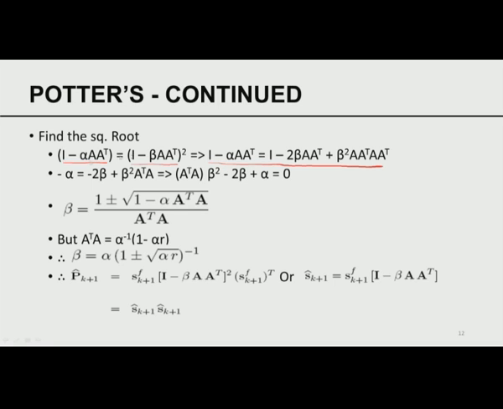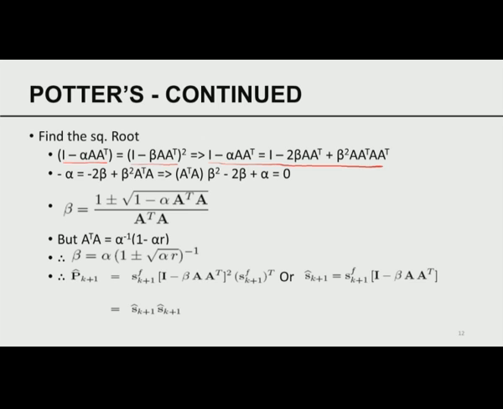So this relation implies I minus alpha times AA transpose is equal to I minus 2 beta AA transpose plus beta square AA transpose AA transpose, because of the square involved. So I would like to find a relation between alpha and beta.